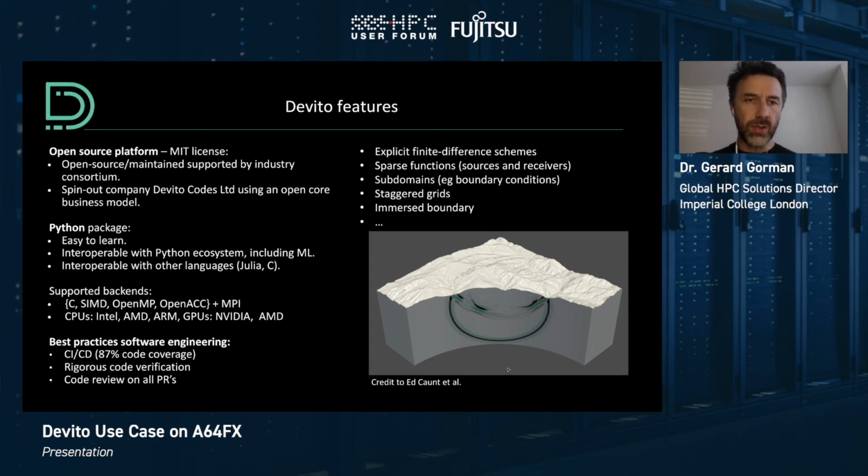I seem to be using the word interoperable frequently, but this is really crucial in modern HPC. In terms of supported backends, it's primarily C, OpenMP, OpenACC, MPI. In terms of CPUs, Intel, AMD, ARM, and GPUs, NVIDIA, AMD.